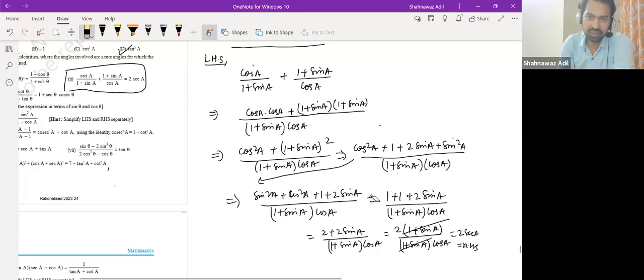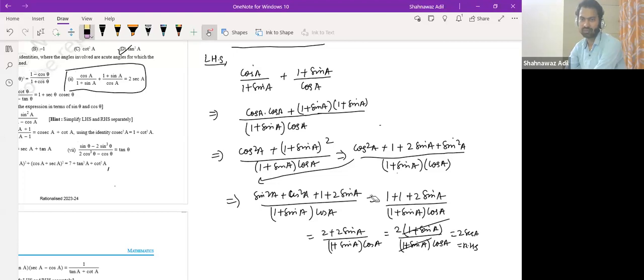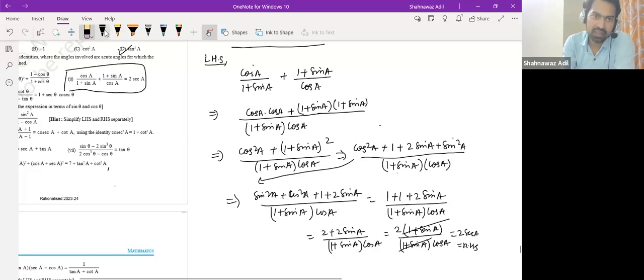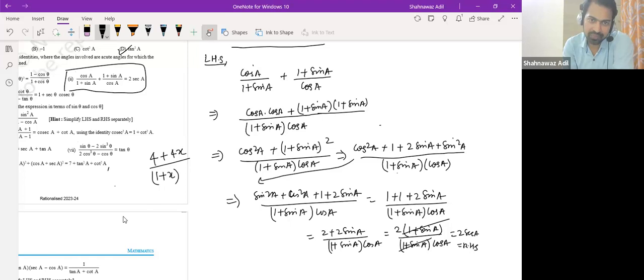Yes, you can have multiple doubts. Saying that 2 plus 2 sin A by 1 plus sin A into cos A. How did you take that 2 common? Let's say I have 4 plus 4x. In these two terms, I can take 4 common, right?